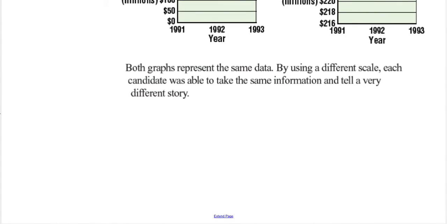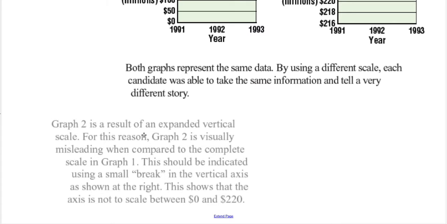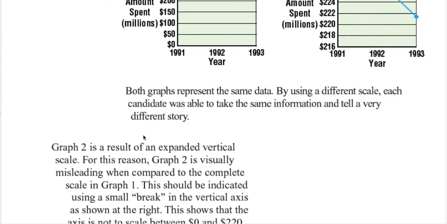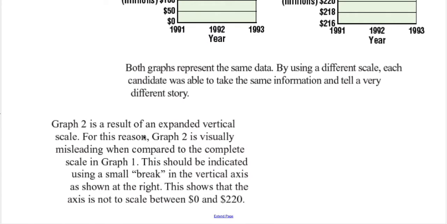If you look at this very carefully, graph 2 is a result of an expanded vertical scale. For this reason, graph 2 is visually misleading when compared to the complete scale in graph 1. This should be indicated by using a small break in the vertical axis as shown at the right.